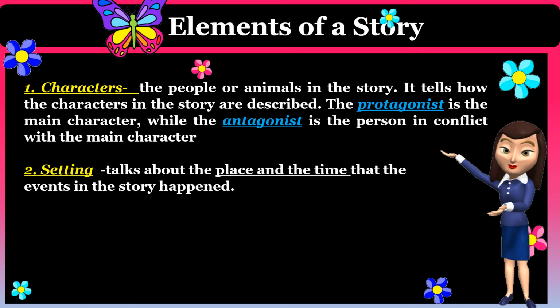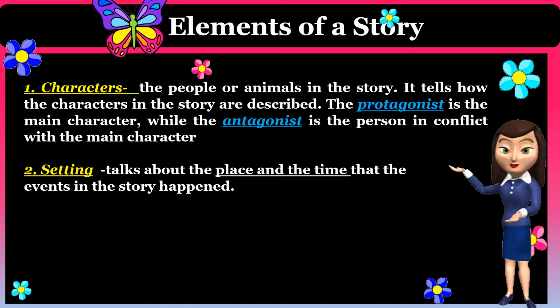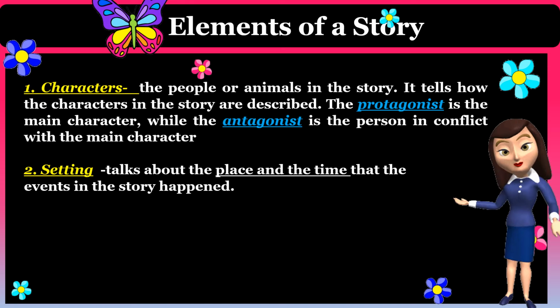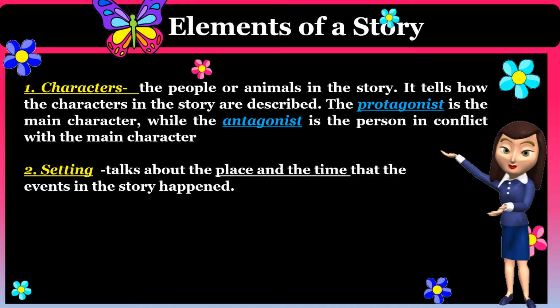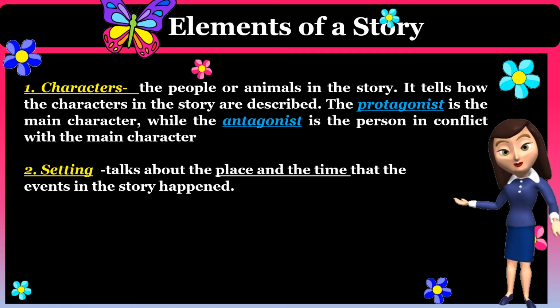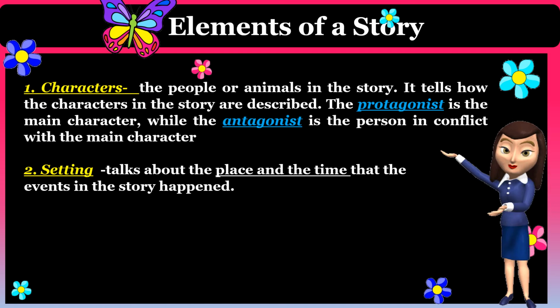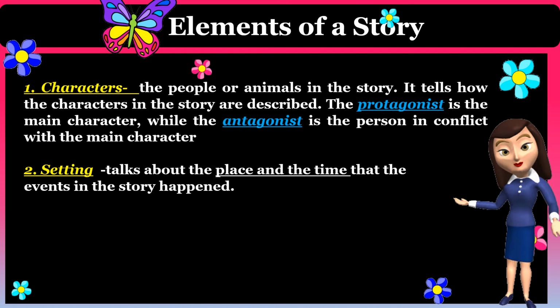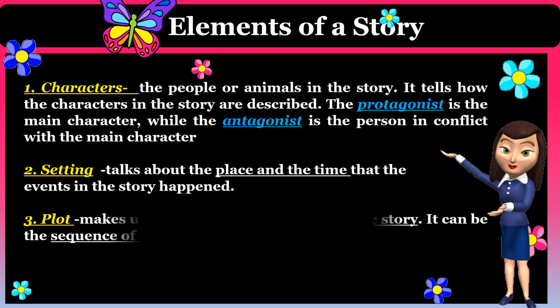It's the mother bird and the baby birds. Very good. Alright, now, how about the setting? What is the setting of the story? Alright, on a tree, in the nest, or even in the forest, that can be. Good job.